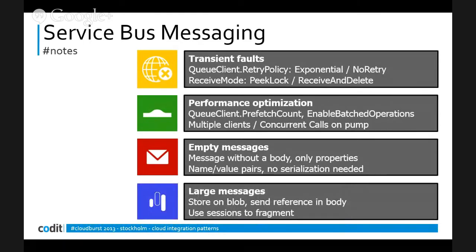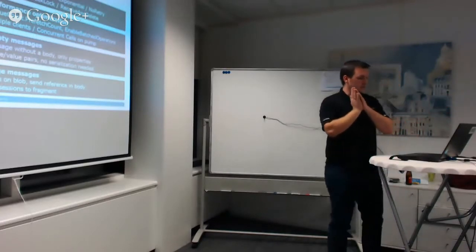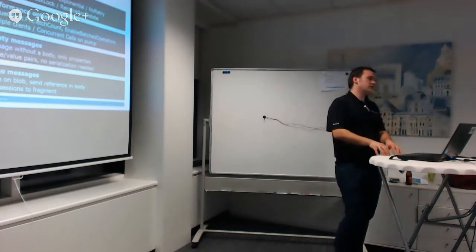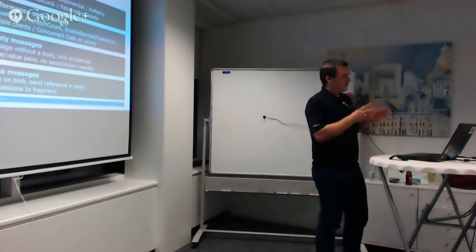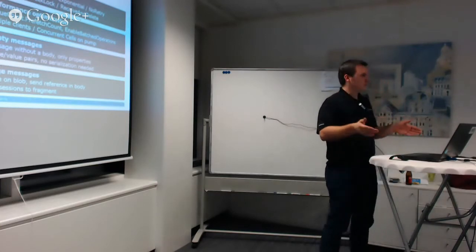Also, large messages: there's a limit, I think 256K for messages on Service Bus. Of course, you sometimes need to send larger messages. What you can do is either store the message on blob and send the reference, or a shared access signature with your payload in the body of your Service Bus message, or you can use sessions. With sessions, you chop your message into fragments of 250K and send them in one session.